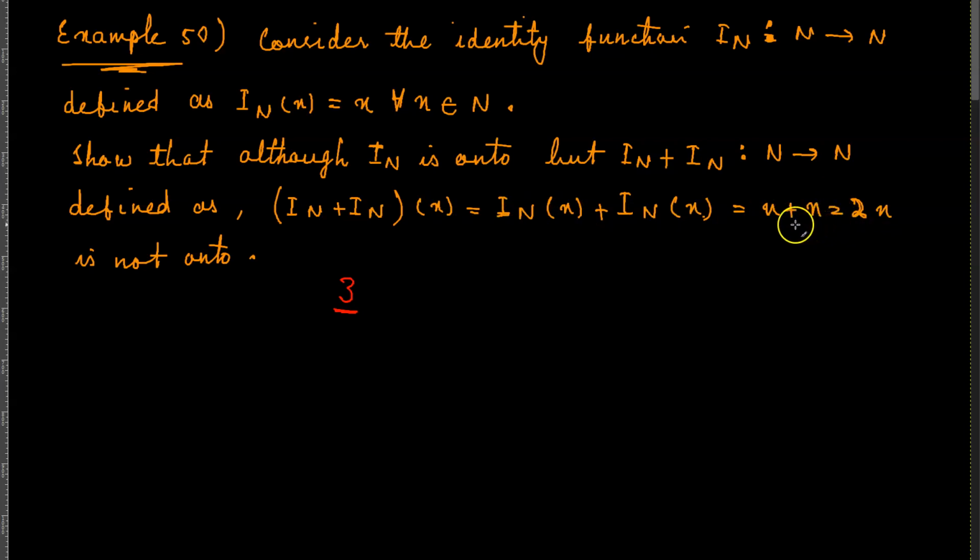Because suppose that 2x is equal to 3, then x is equal to 3 divided by 2. And 3 divided by 2 does not belong to the domain of the function, because the domain of the function is the set of natural numbers. 3 divided by 2 is a rational number, it doesn't belong to the set of natural numbers.